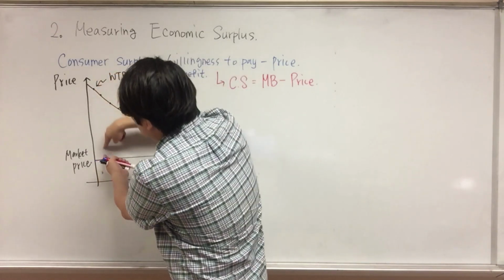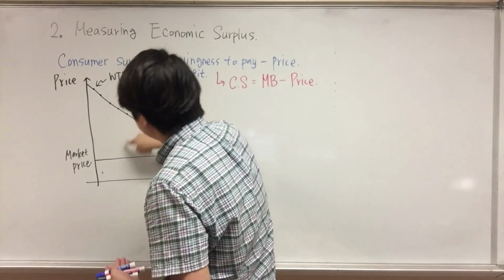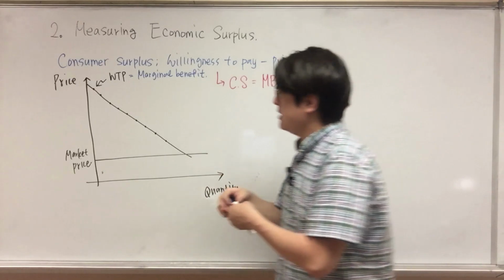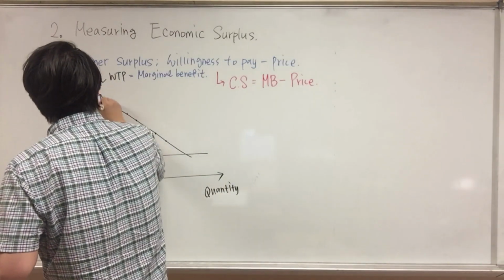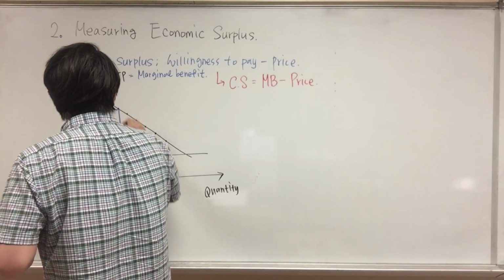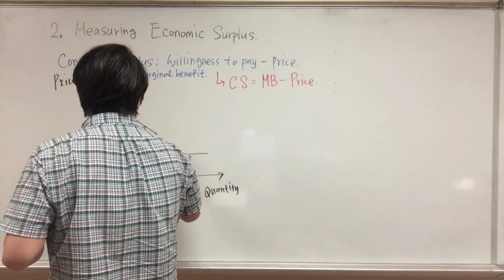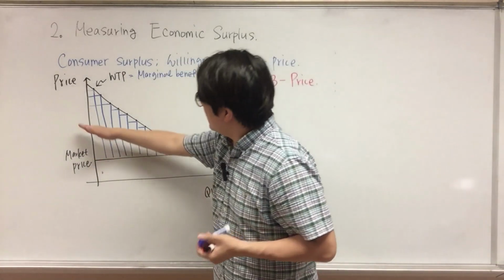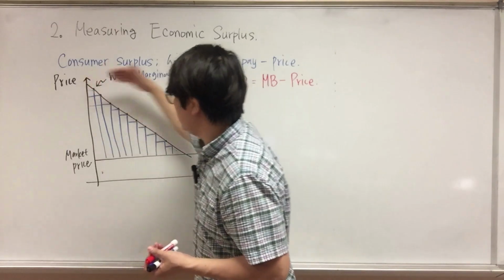This is one unit of consumer surplus, and so on. There is a lot of willingness to pay at each price, so we have a lot of consumer surplus, and in total the whole consumer surplus.